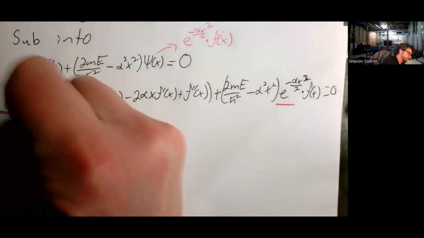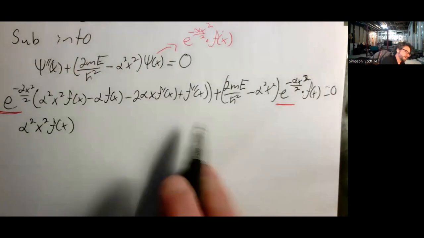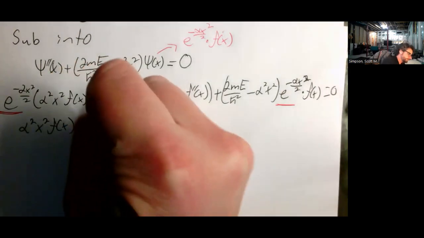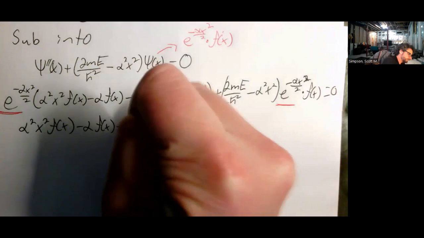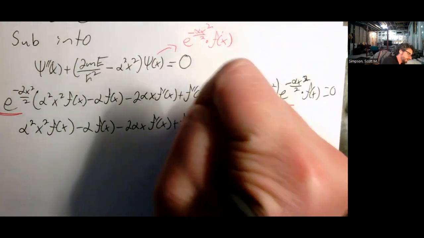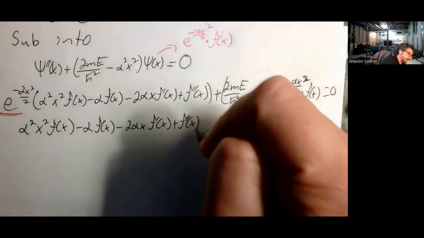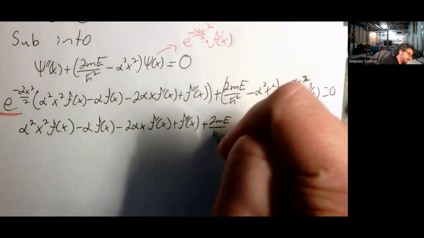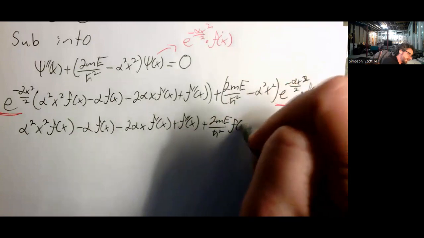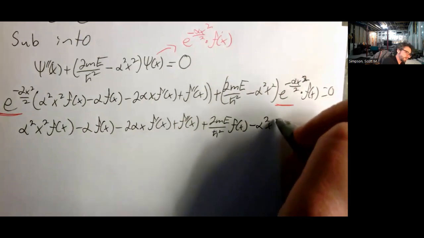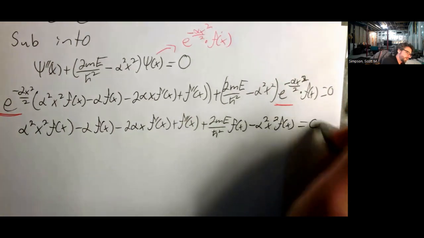And we're left with the following after we distribute this f of x through. f double prime of x, and we got plus 2me over h bar squared f of x minus alpha squared x squared f of x is equal to 0.